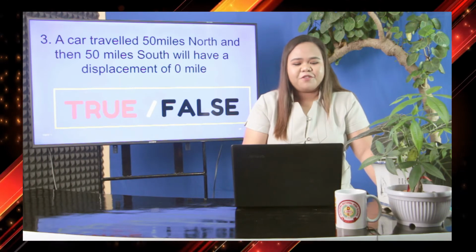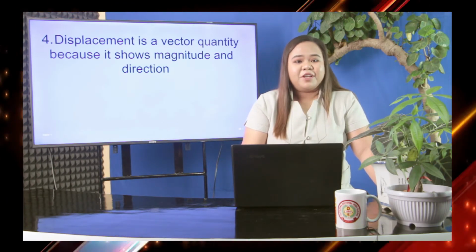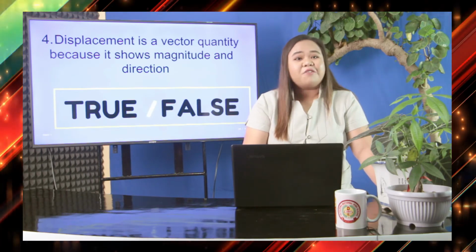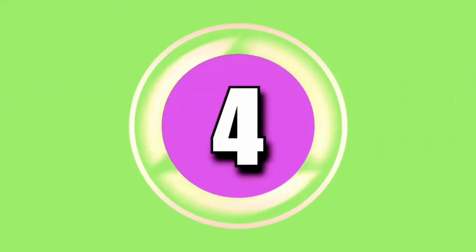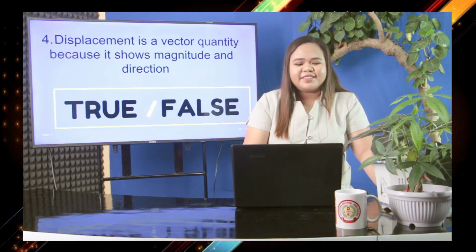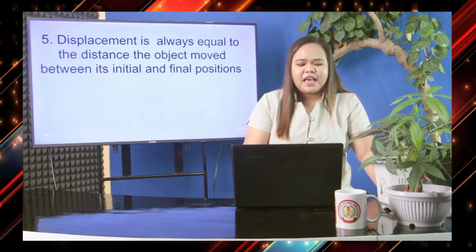Now, let's have number 4. Displacement is a vector quantity because it shows magnitude and direction. Is it true or false? The correct answer is true. Now, let's have the last question.